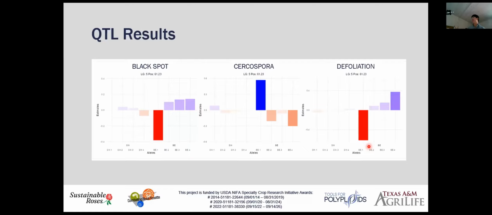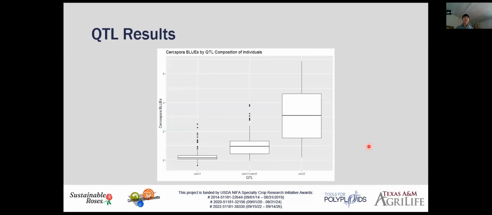What do we do? These two are either tightly linked alleles for two different fungi. What do we select for? Because if we select for black spot resistant individuals, it's going to carry cercospora susceptibility, and vice versa. So what we found is that this right here is cercospora susceptibility. On the y-axis is the cercospora severity.